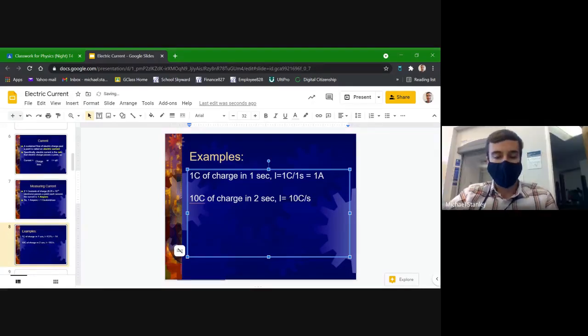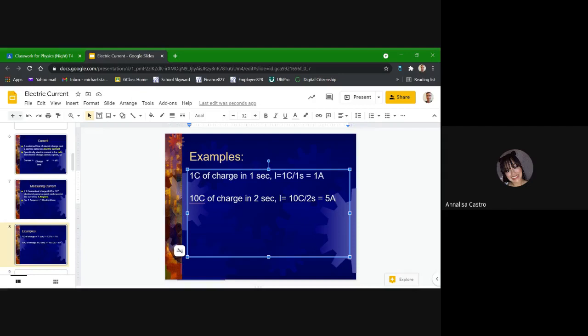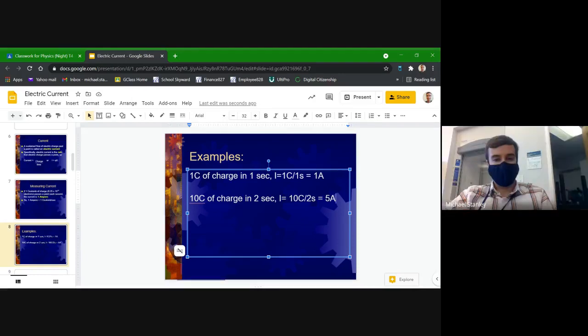Yeah, exactly. 10 coulombs in 2 seconds means that we've got 5 amps of current running through our system. Makes sense. All right, cool.